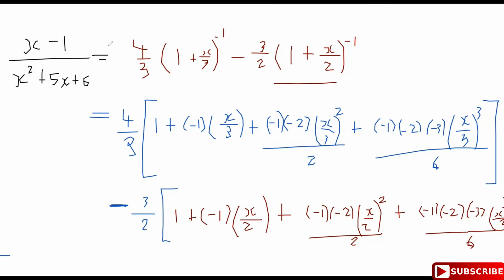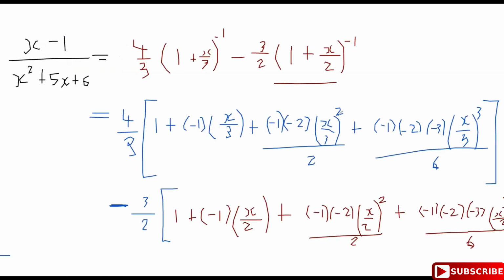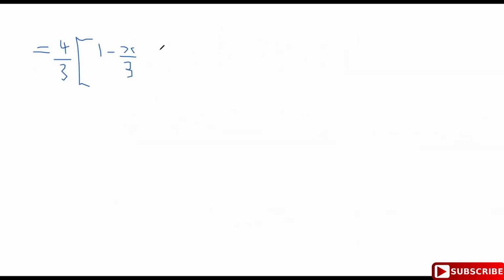That's going to be 1 minus x over 3. And this is going to be 2, and this is x squared over 9. So that is 2x squared over 9 divided by 2, which is 2x squared over 18. That part simplifies to 2x squared over 18.